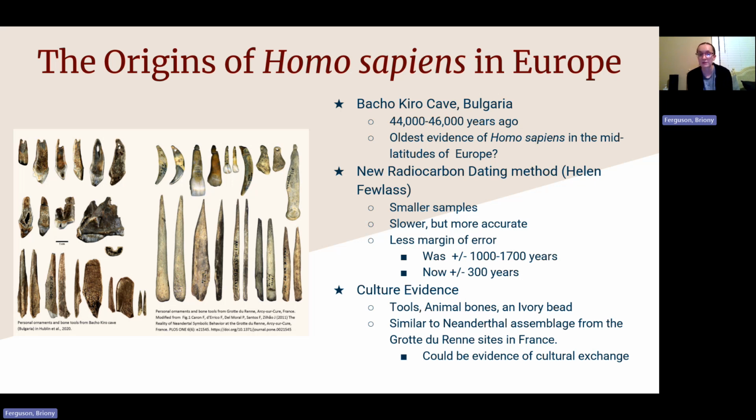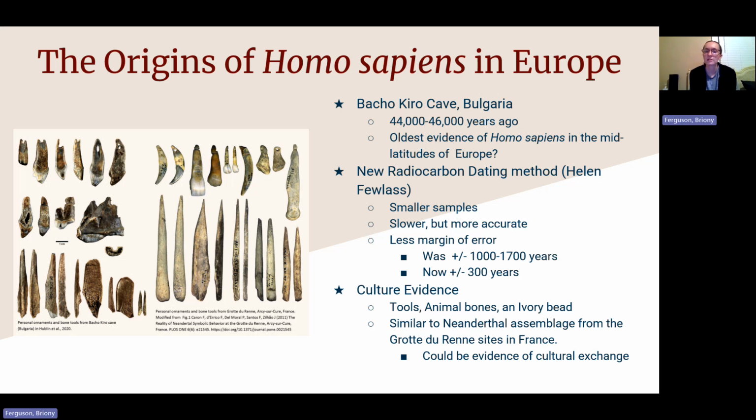And this is a very cool method. It requires much smaller samples, which is really good because anytime you do radiocarbon dating, strontium dating, DNA testing, any of this kind of stuff, it is a destructive practice. So whatever you send for a sample, you aren't getting back. It's just gone from the record. So being able to use smaller samples is really beneficial.